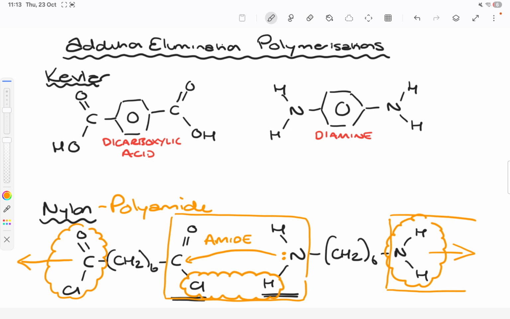Now these two molecules are a dicarboxylic acid and also a diamine. These are not amino acids, but the fundamental chemistry is the same, as I keep pointing out. The difference here though is that the leaving group is slightly different to one we have seen before.